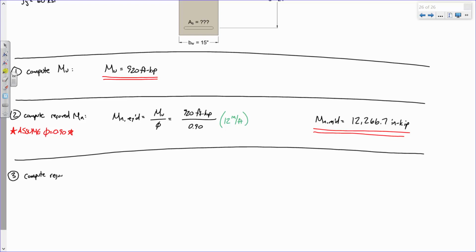required rho value. And in order to do this, we're going to assume a rectangular T-beam.